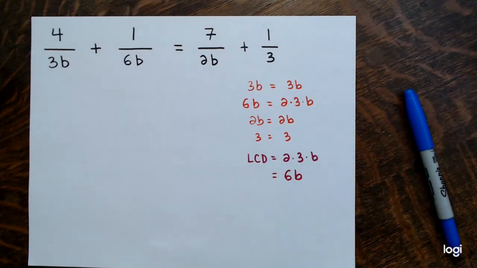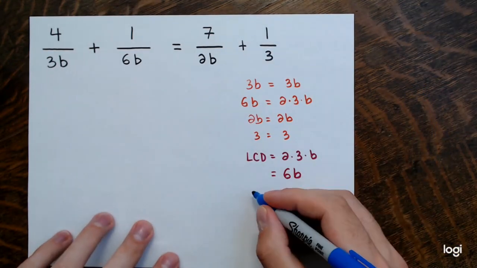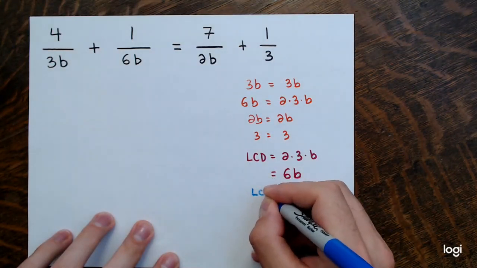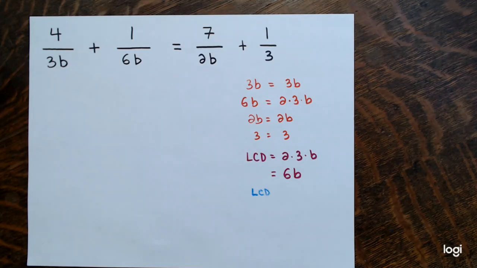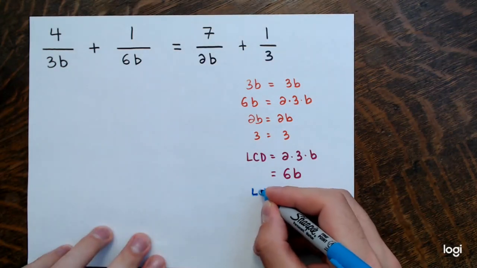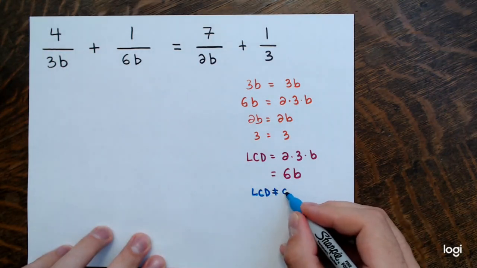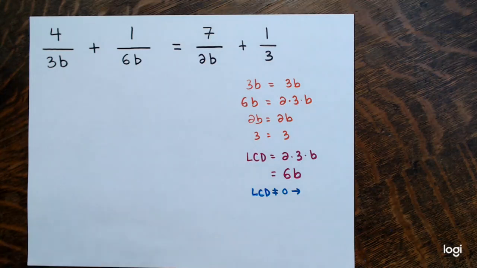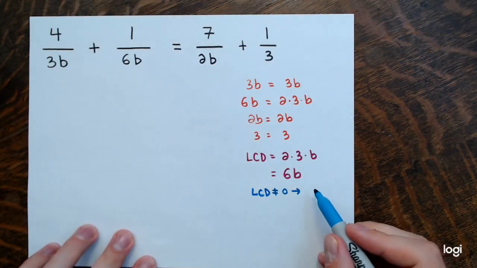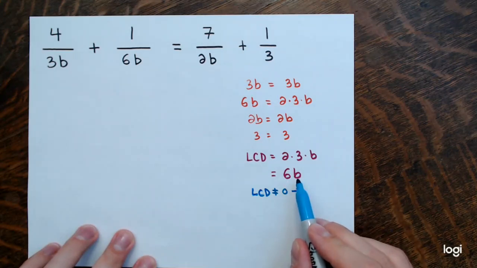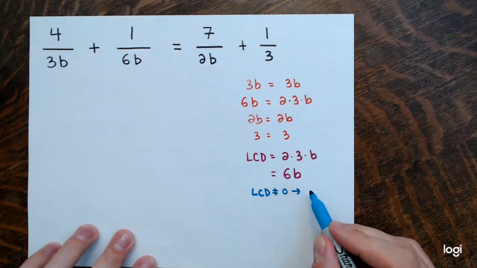And again, I want to point out that I don't want any denominators, including this LCD, to be 0, because I'm going to be multiplying both sides by this. Denominators can't be 0, and any expression I multiply both sides of an equation by can't be 0 either. So 6 is never going to be 0, but b, that factor could be.